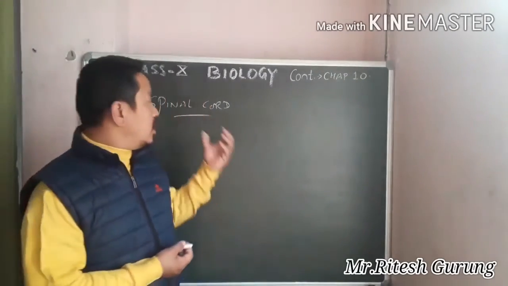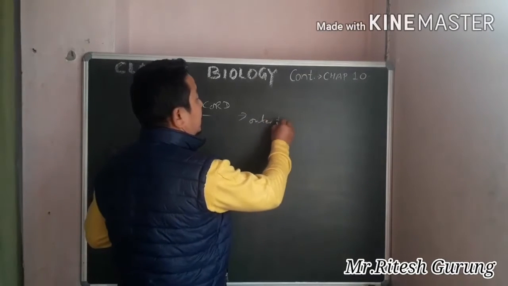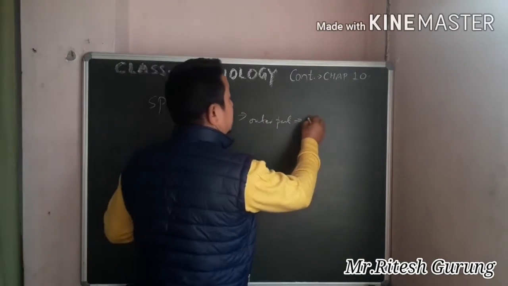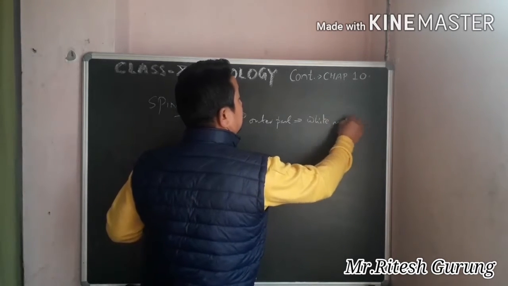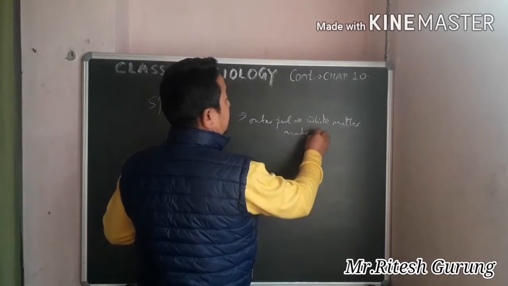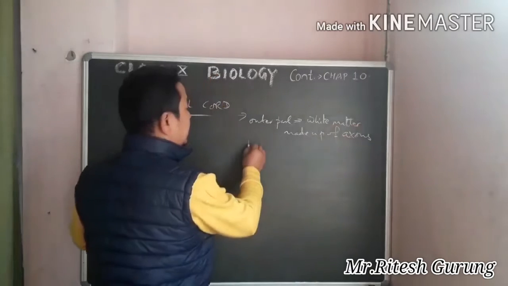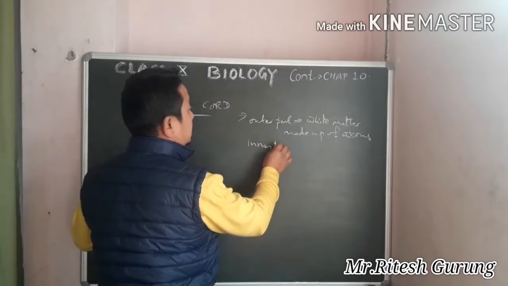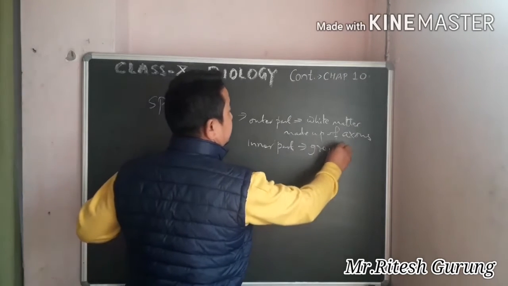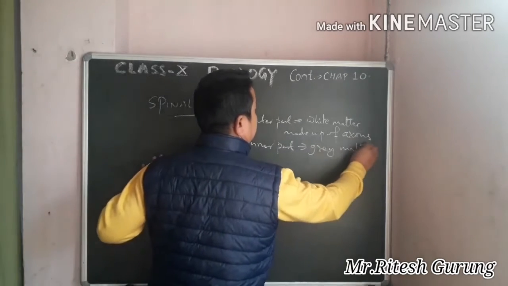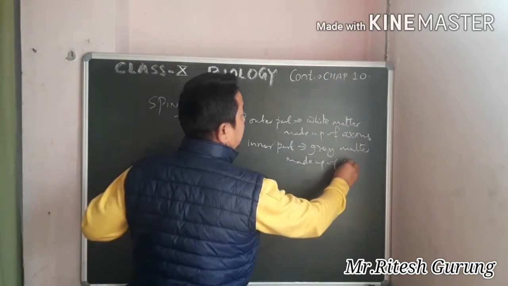The outer part has white matter, made up of axons, and in the inner part you find gray matter, made up of cell bodies.